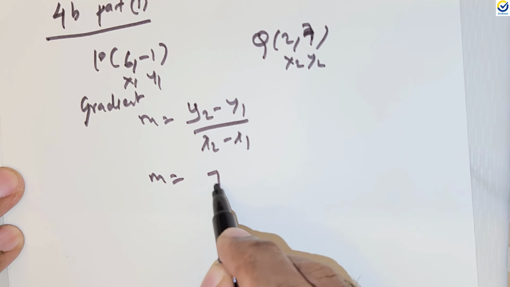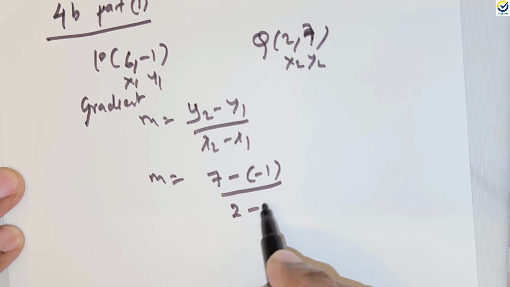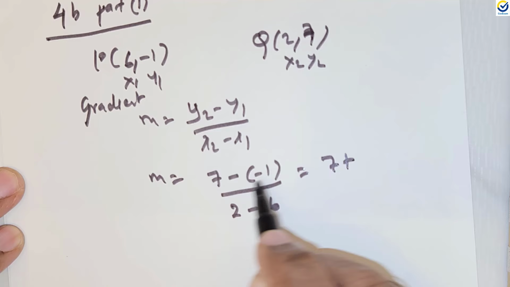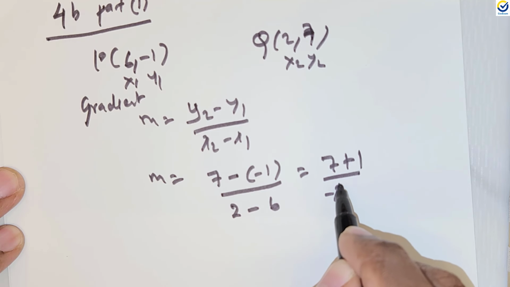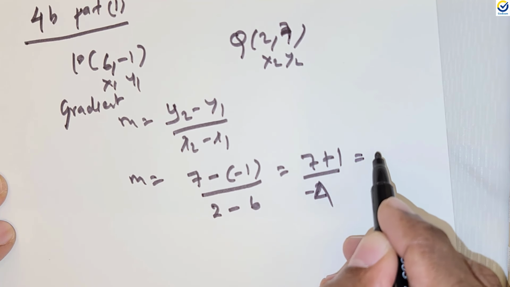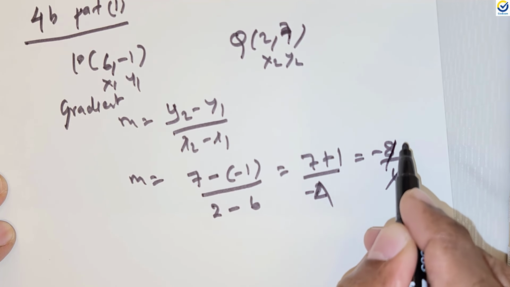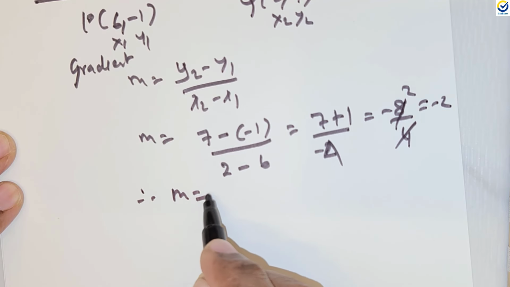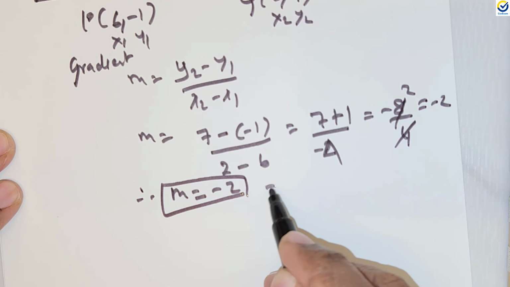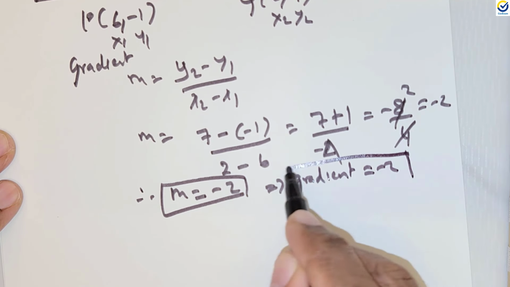So we have (7 − (−1))/(2 − 6), which is 7 + 1 divided by 2 − 6, which is −4. So 8 divided by −4, 4 divides 8 two times, so you have −2. Therefore m is equal to −2, which means gradient is equal to −2.